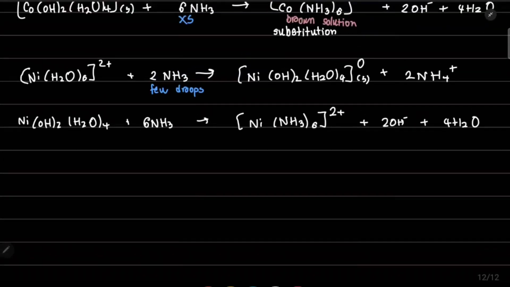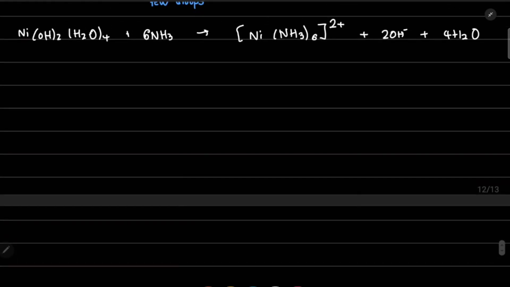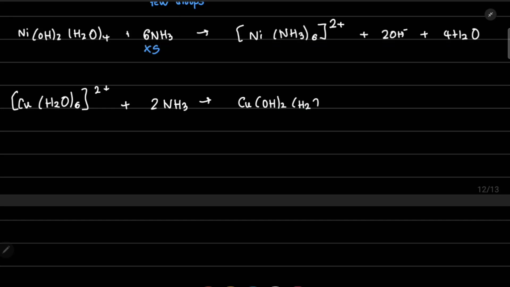Next up, we'll have copper. This is for excess. Next up, we have copper 2, so Cu(H2O)6 to the charge of plus 2. When we have a limited ammonia, this will react to form Cu(OH)2(H2O)4.